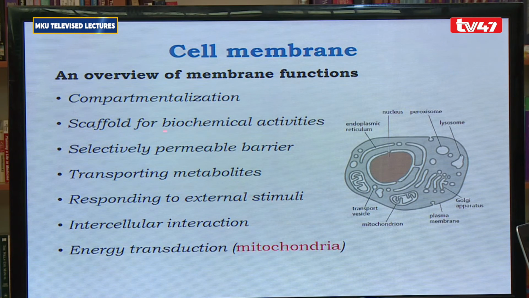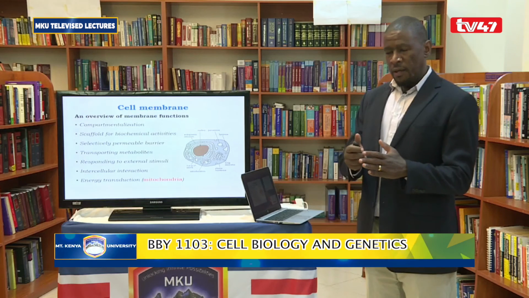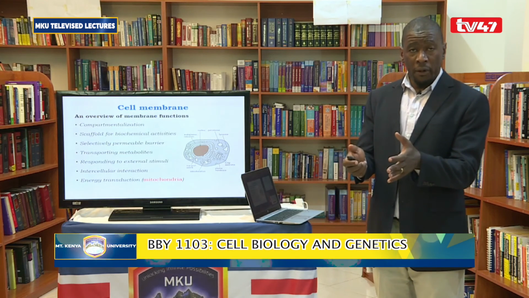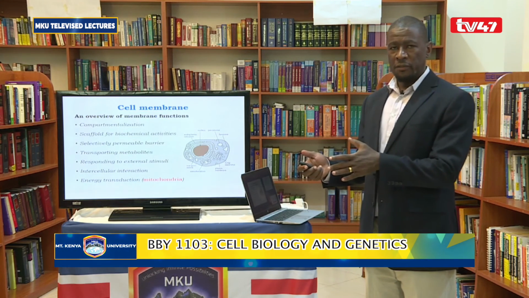Then they provide scaffold for biochemical activities. Within these particular organelles, there are again regions which perform different biochemical reactions. It's just like if you have a factory, not everything will be done in one department. It will be separated into various departments so that different parts of that particular product could be made in different places.